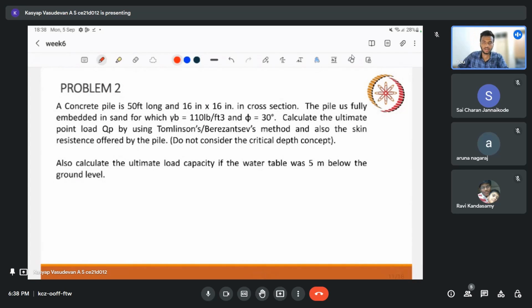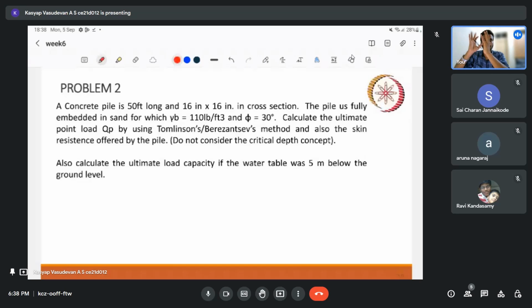So now we have entered pile foundation. This particular question is just to find our ultimate capacity. We have two components, if you remember. One is the bearing capacity, that is the base of the pile which is resting on the soil, so that provides some resistance.